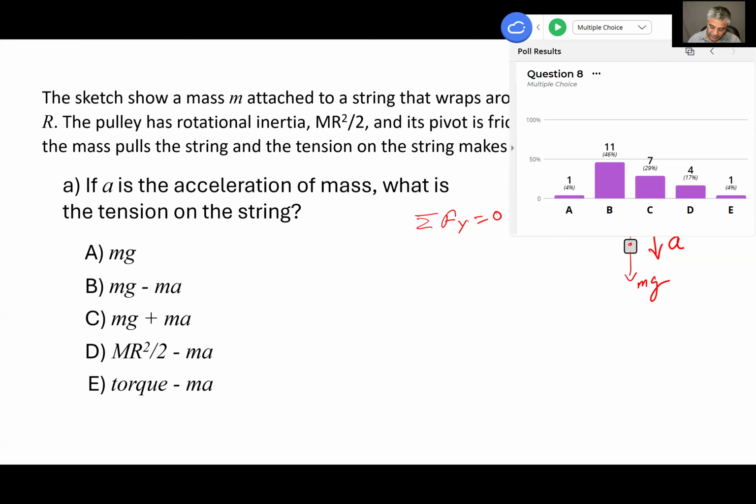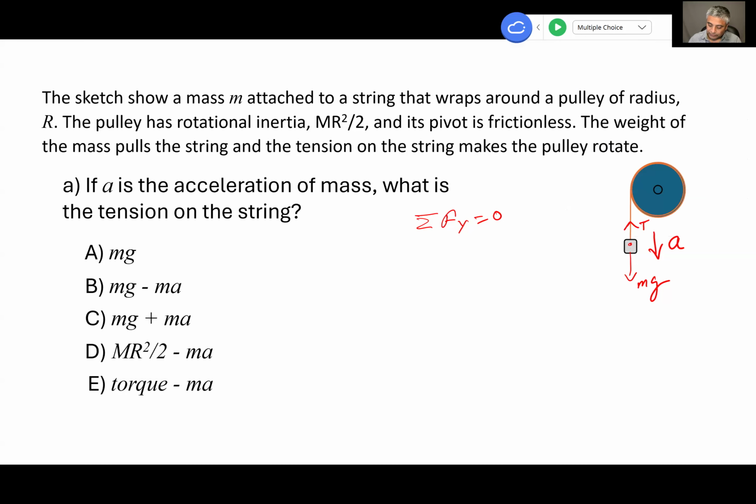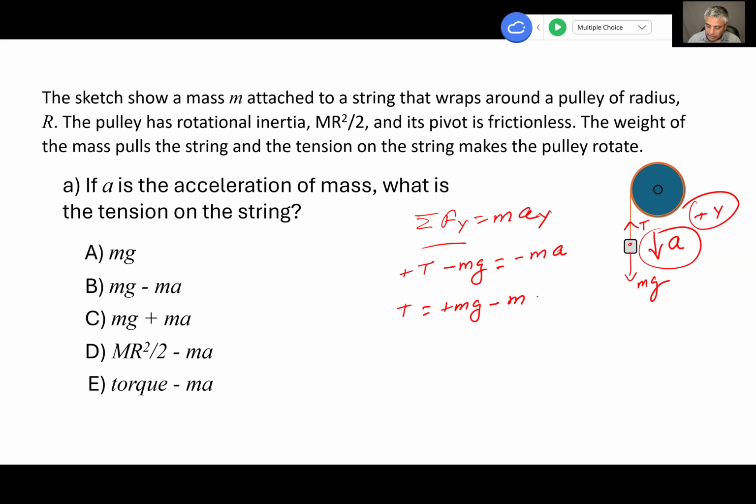So we got all of them, except, let's see, a little bit more for B. So sum of forces, oh, not 0. In this case, it is accelerating. So maybe I should have written this. So T positive, let's say, assuming up as positive y, and then mg is negative. The acceleration is also pointing down, so it's going to be negative ma. So T is going to be positive mg minus ma. So yes, looks like B is correct in this case.